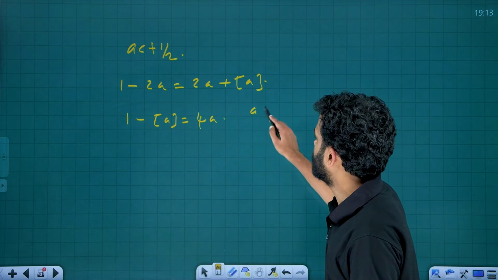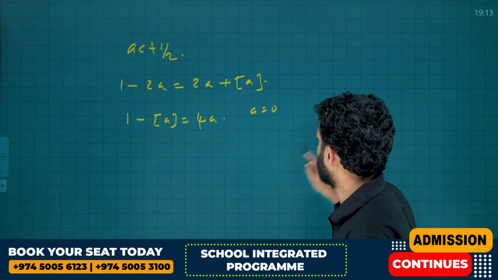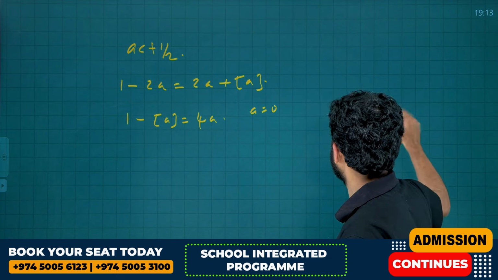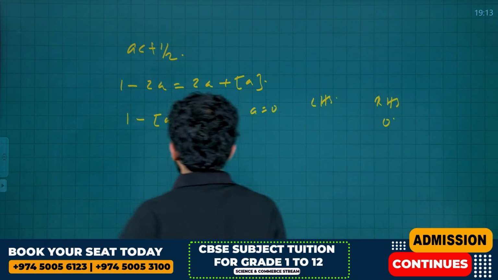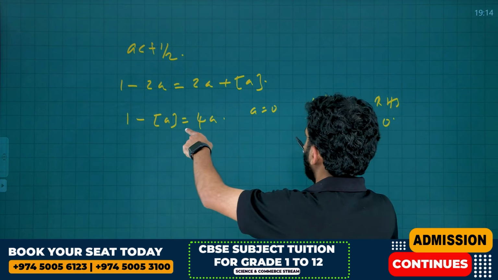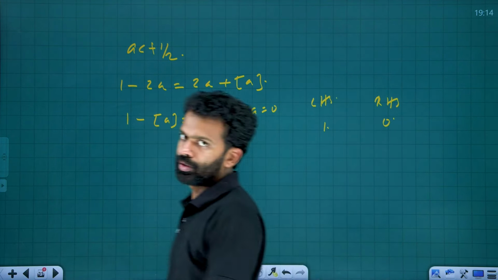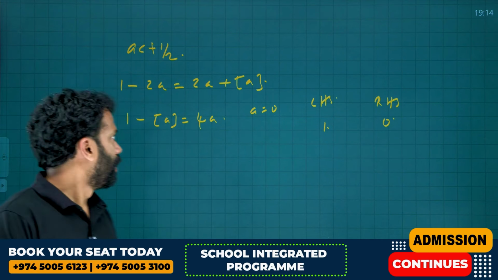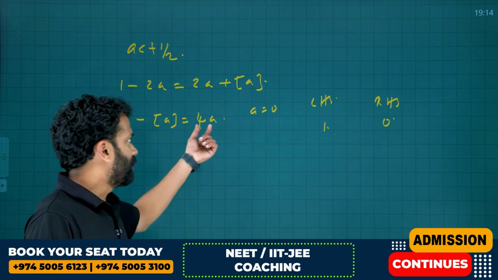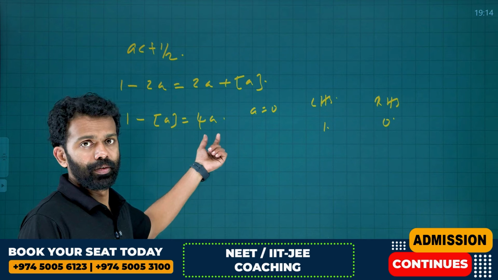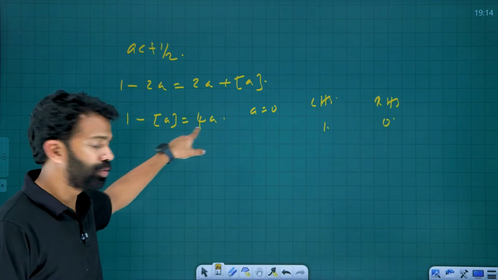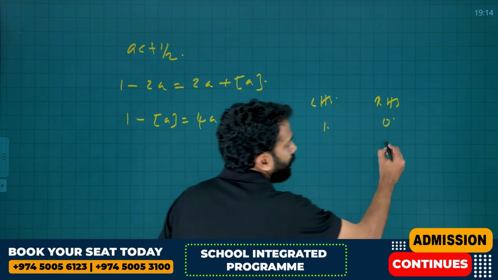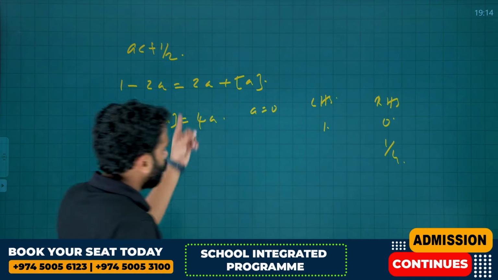If a is equal to 0, then let's put RHS and LHS here. RHS is 0. And what about LHS? 1 minus box 0 is 1 minus 0, that is 1. Tell me any other value which makes an integer here. 1 by 4, right? If a is equal to 1 by 4, this will be equal to 1.